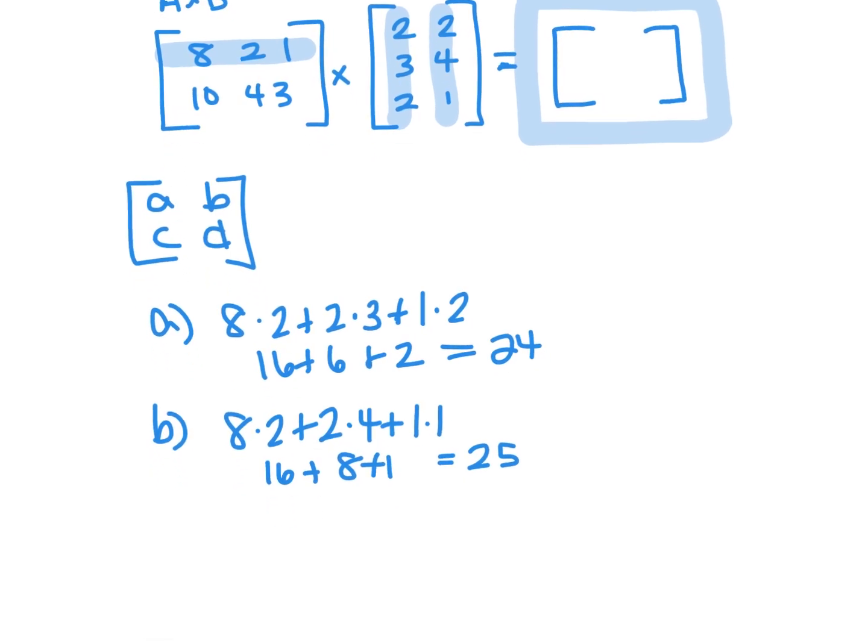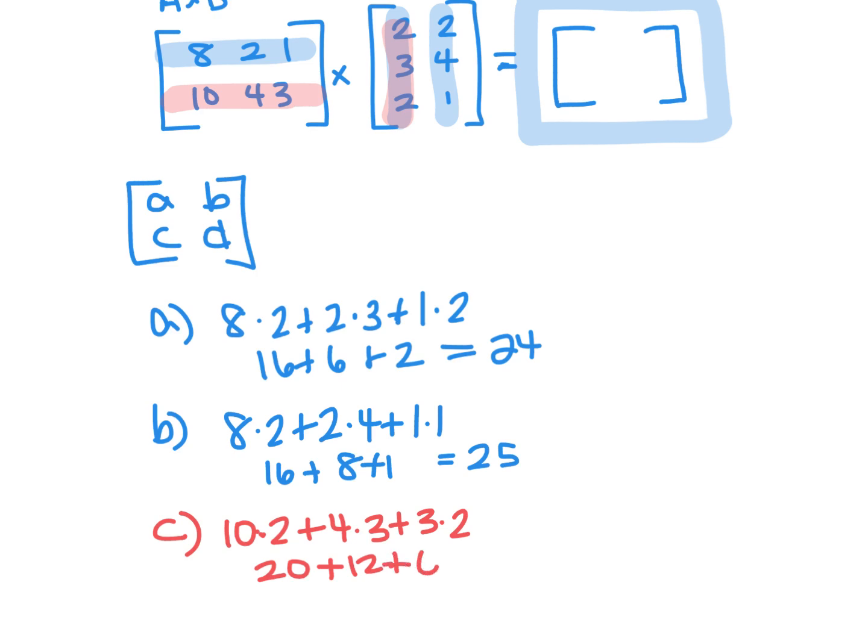So to find C, we're going to multiply our second row by our first column over here. So that's going to be 10 times 2 plus 4 times 3 plus 3 times 2. So that's 20 plus 12 plus 6. So that's 38.